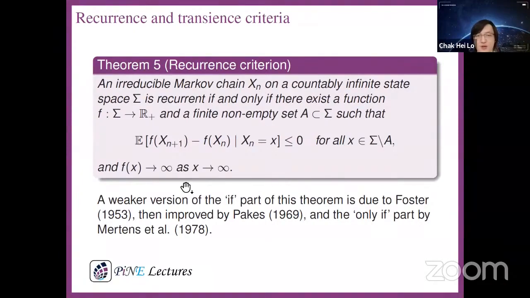A weaker version of this if part of this theorem was actually dealt with by Foster in 1953. Then it was improved by Higgs in 1969, and then the only if part was proved by Mertens in 1978.